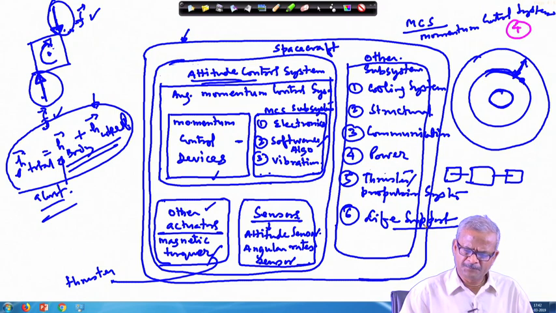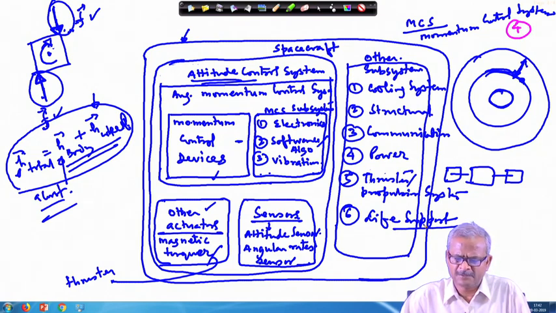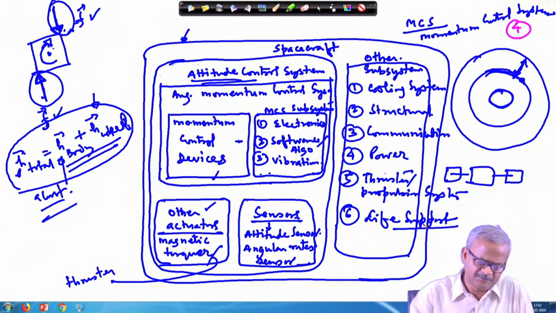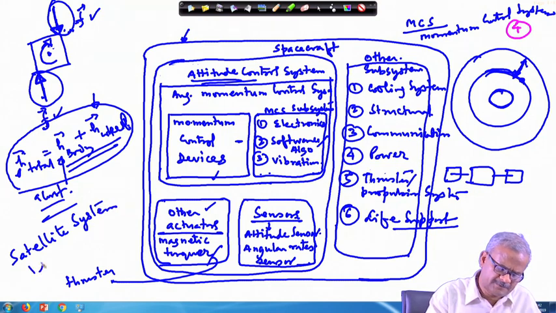So, this is a basic idea about fabricating a satellite. What are the things you can expect? You can find many books available on satellite system design.